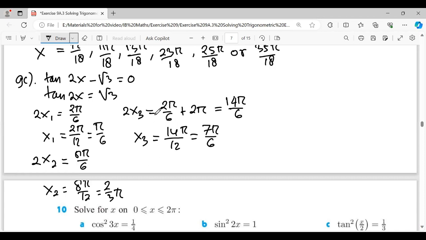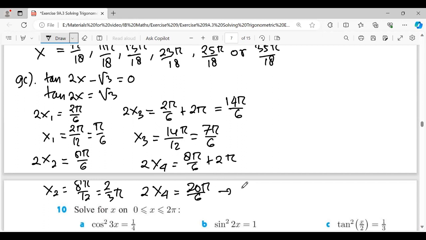Next x4. Let me check x4. 8 pi over 6 plus 2 pi. So x4 equals 12 plus 8, okay, 20 pi over 6.